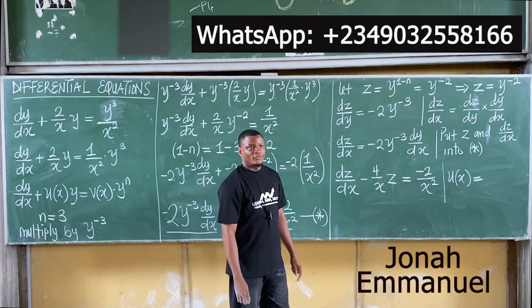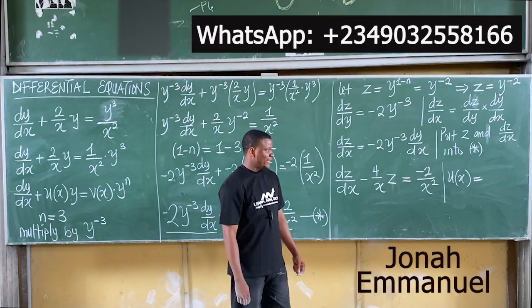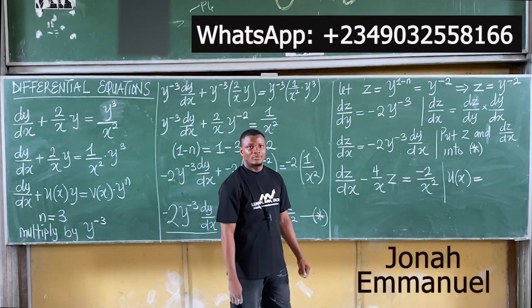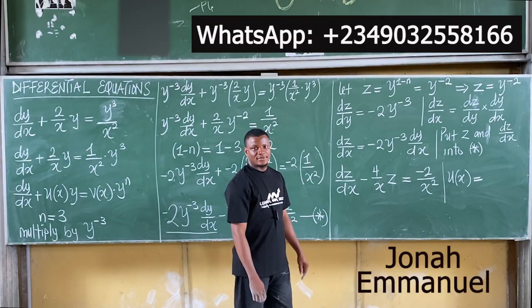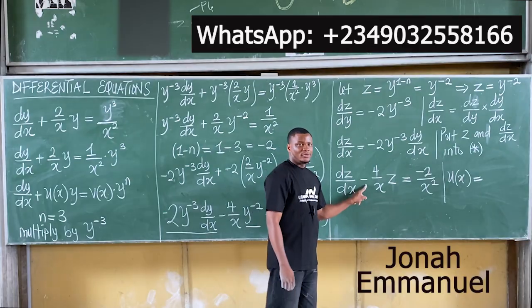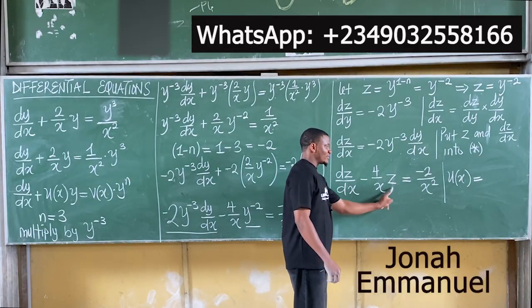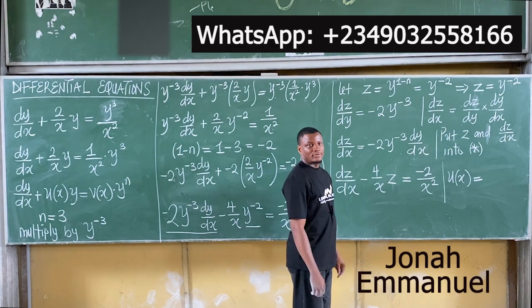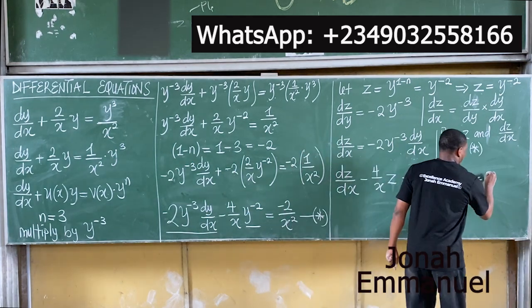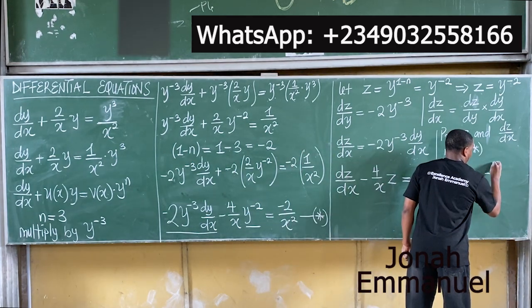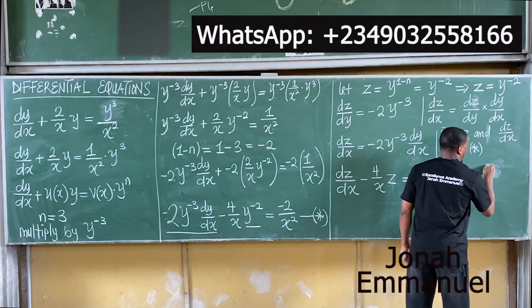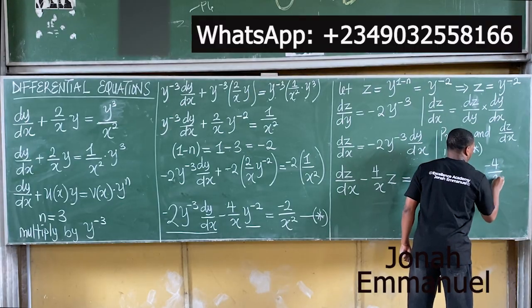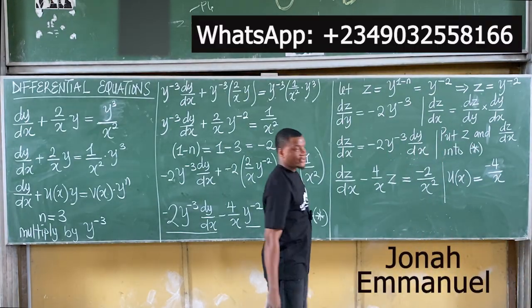Minus 4 over x. I have to include the sign now. U of x is what is attached to z. We said that last time, so that also includes the sign too. So u of x is minus 4 over x. Please take notes, please. The sign is also inclusive.